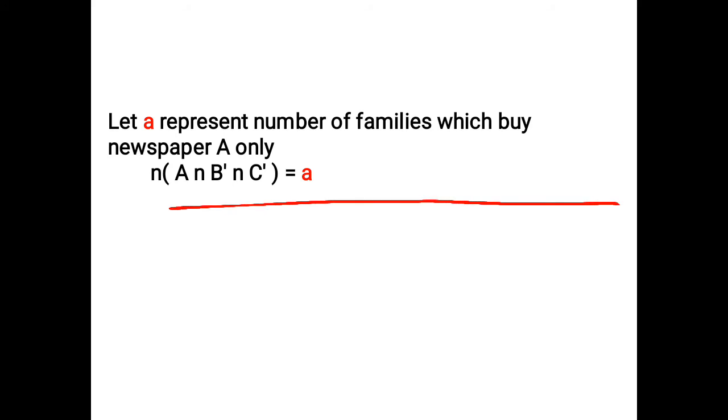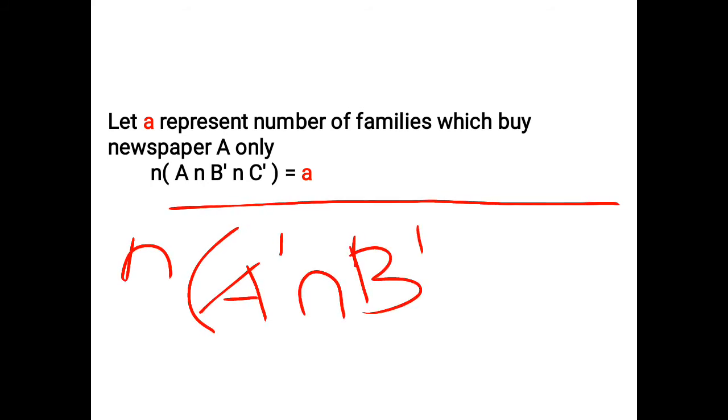The question said we should find those who do not read any of them, the number of families which do not buy any of the 3 newspapers. That is number of A complement intersection B complement intersection C complement.